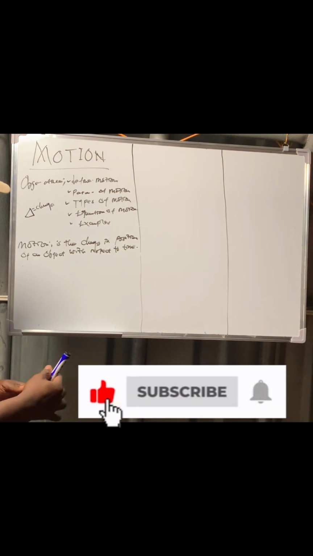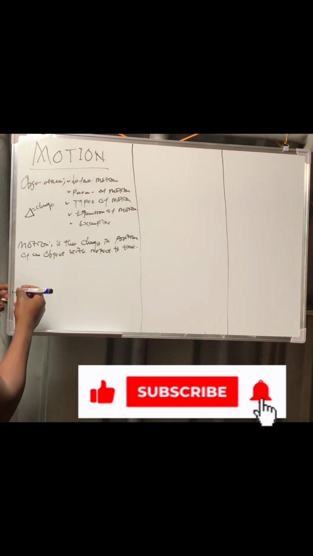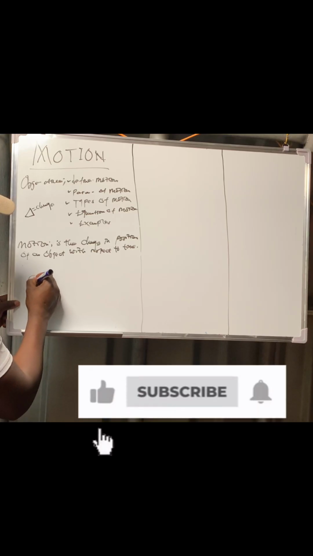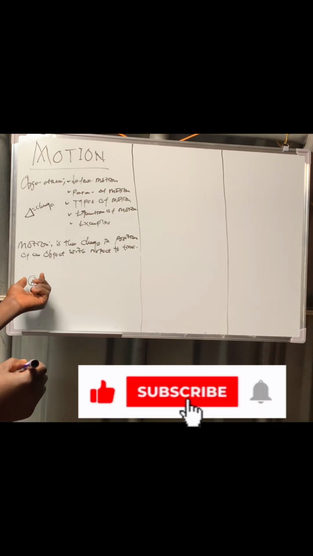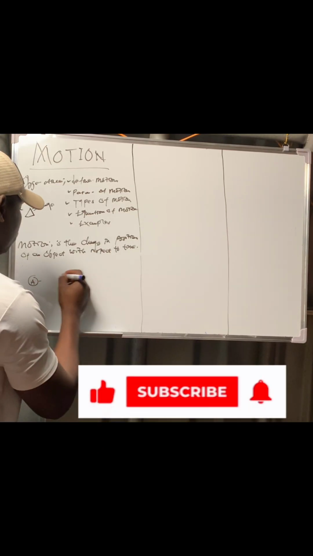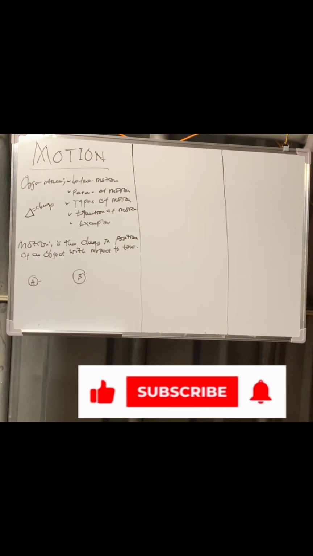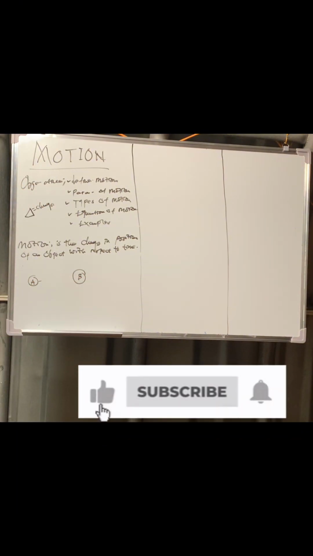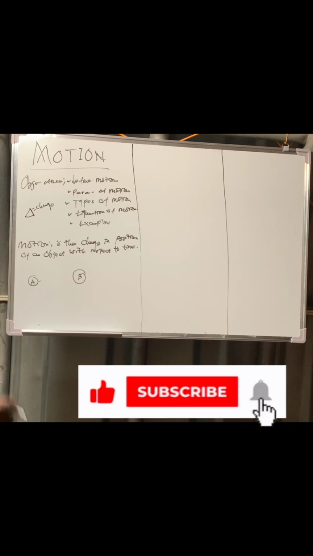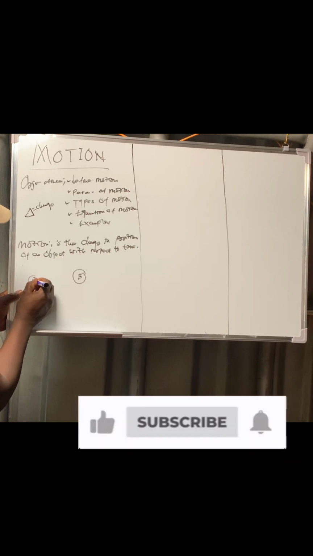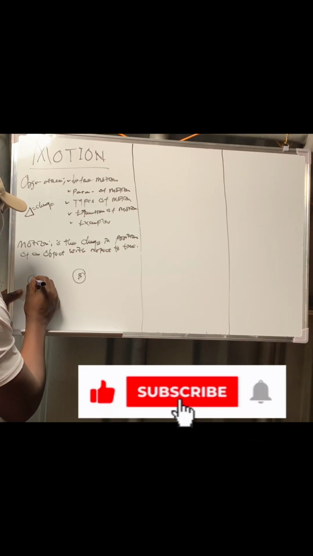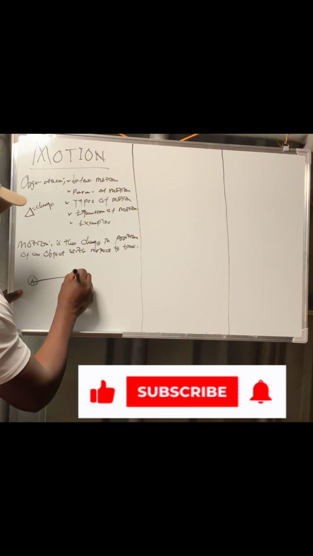Let me say I have an object A, and I want to move this object to point B. It needs what we call motion. This is my initial point, and this object has been able to move to this point.